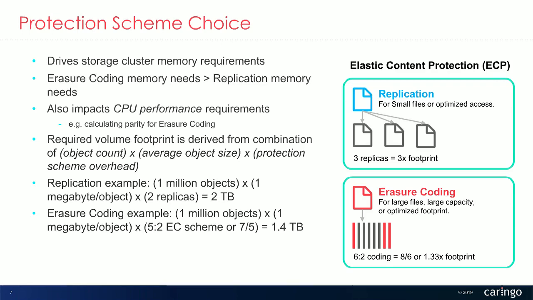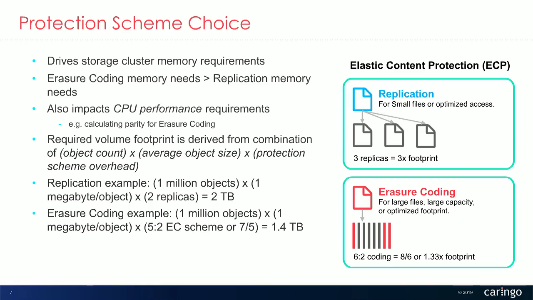In the case of replication, for a file to protect it, let's say you're protecting it with 3 replicas. Then the result of that from a memory footprint perspective would be you would have 3 index slots that are used in main memory to keep track of those objects in the cluster. In the case of erasure coding, storing the same thing, you're splitting it up into segments, a combination of data and parity streams.